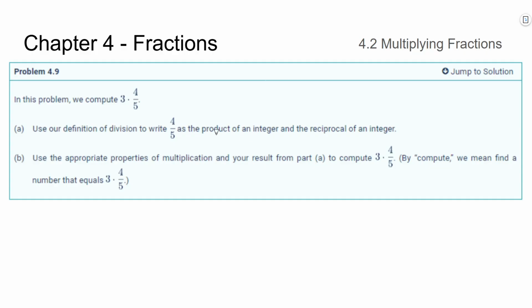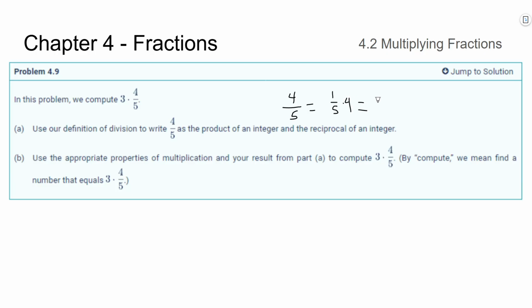All right, so then the next one, we compute 3 times 4 over 5. Okay, we haven't done something like this yet. Using our definition of division, write 4/5 as the product of an integer and the reciprocal of an integer. So we know that 4/5 is going to be the same as 1/5 times 4.